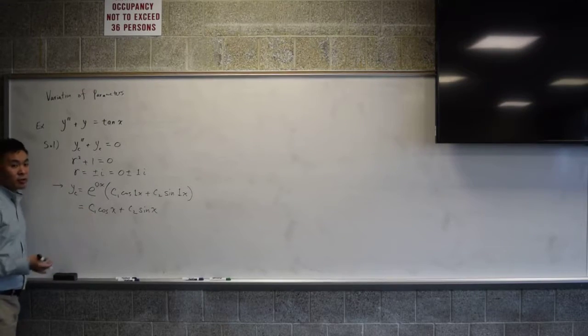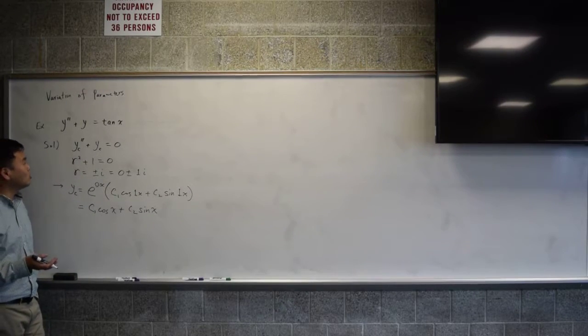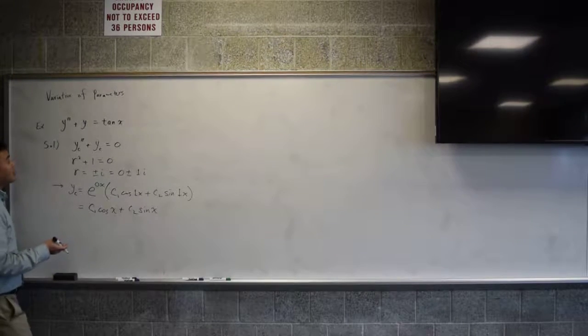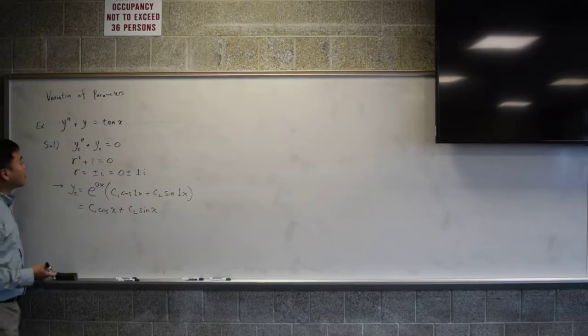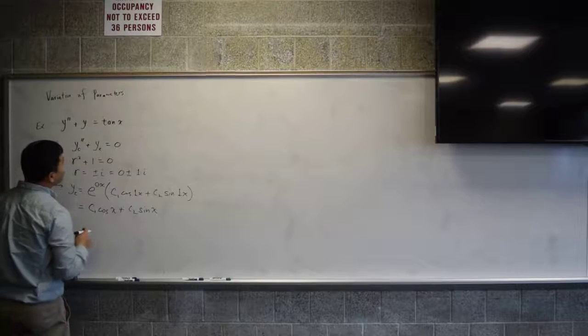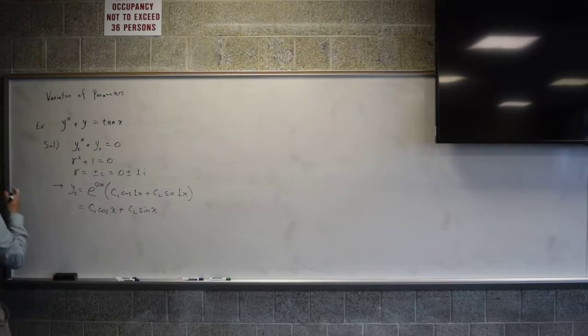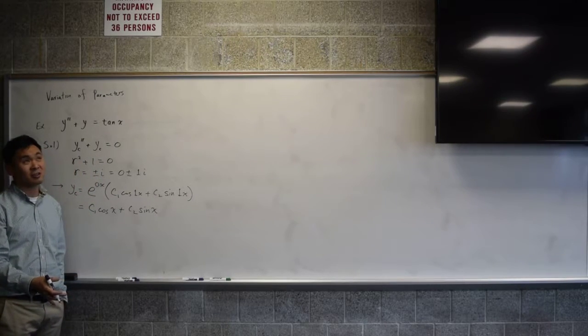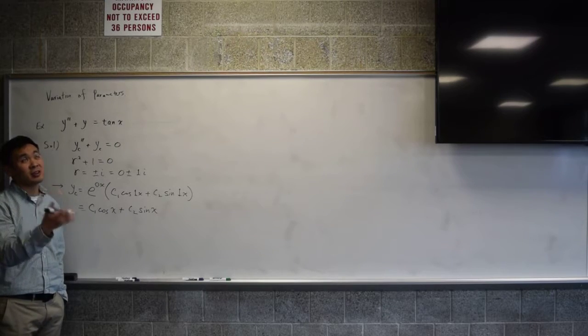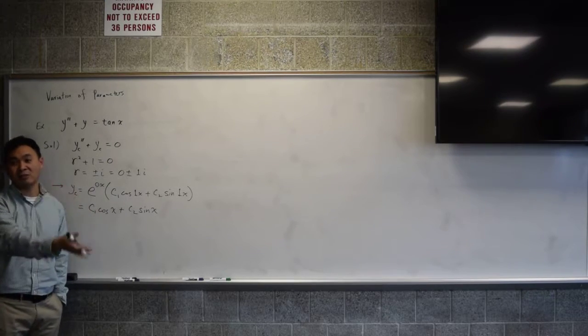And then after you get the complementary solution, the next step is to use some method to find the particular solution, right? But the problem is the particular solution has a derivative which doesn't get simplified over time. If you differentiate tangent x, you get secant squared. If you differentiate secant squared, you get 2 times secant squared x times tangent x.